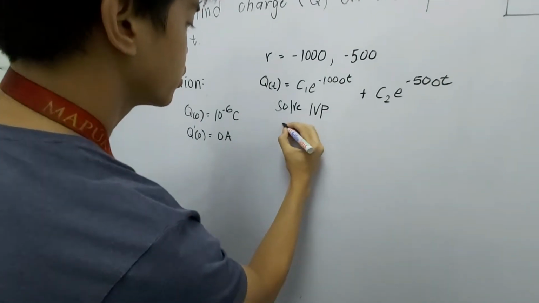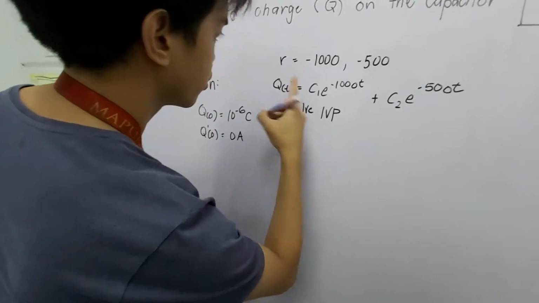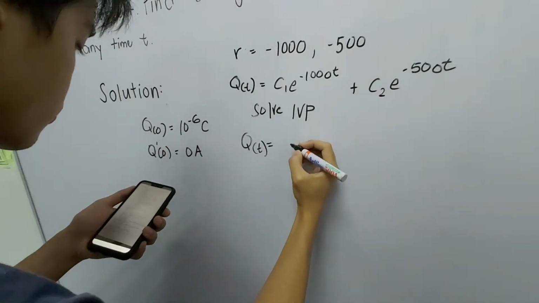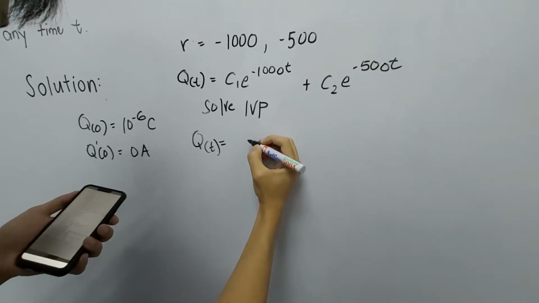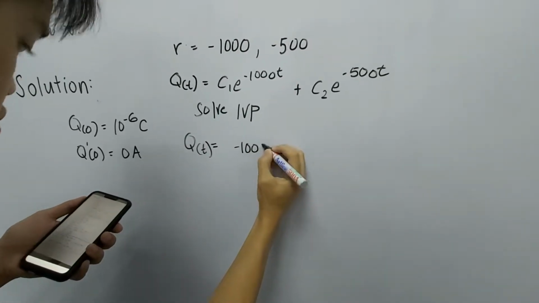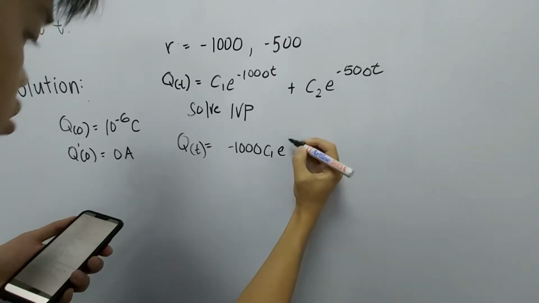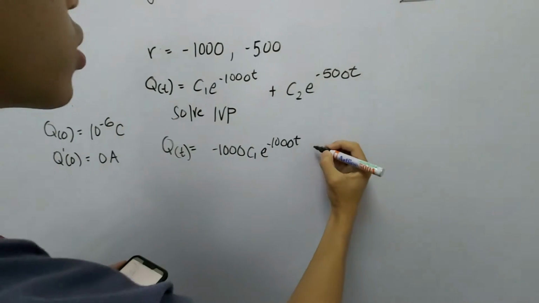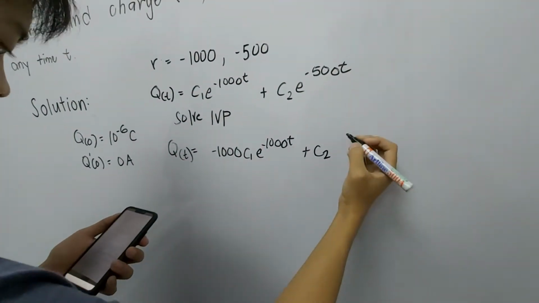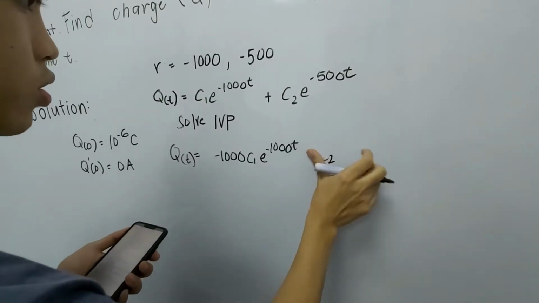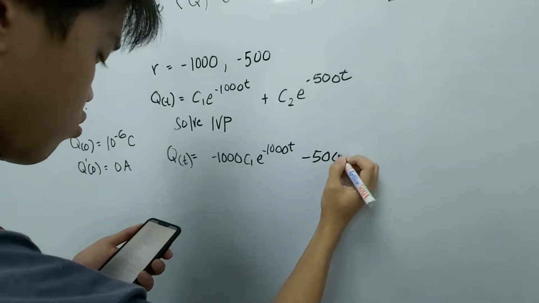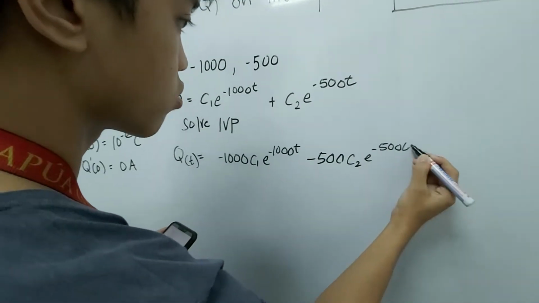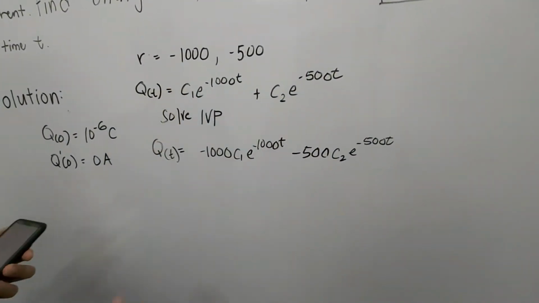So once we differentiate the characteristic equation, it will be negative 1000 C1 e raised to negative 1000 t plus C2, minus 500 C2 e raised to negative 500 t. So this is the differentiation of the characteristic equation.